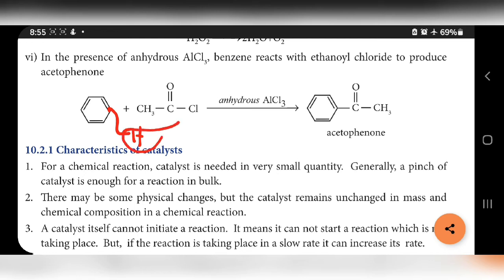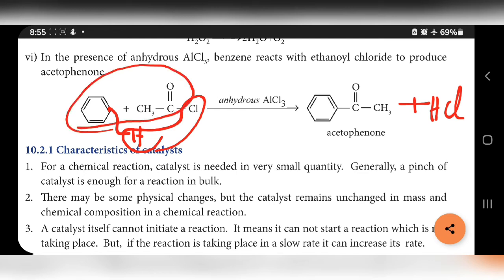This hydrogen takes the Cl, meaning HCl is removed. The remaining groups combine, and you get the product, acetophenone. So here also the reactant, product and catalyst are in different states, so it is also an example of heterogeneous catalysis.